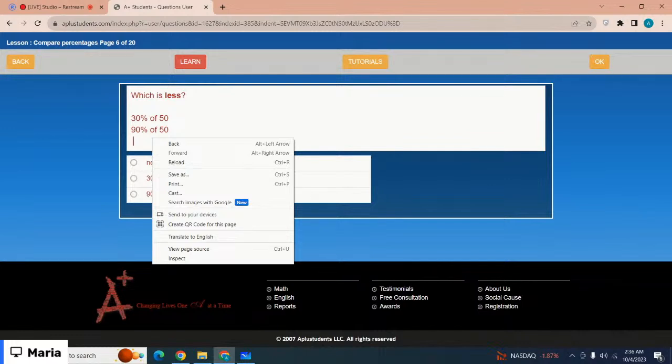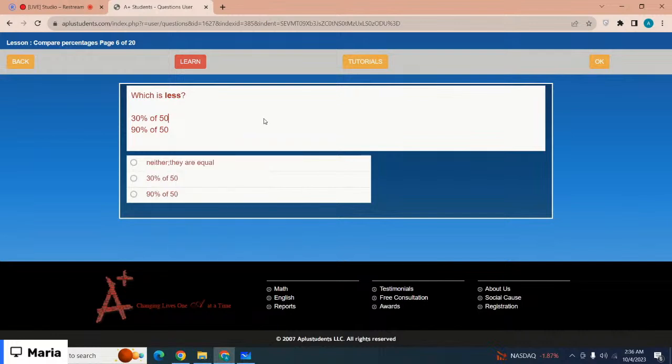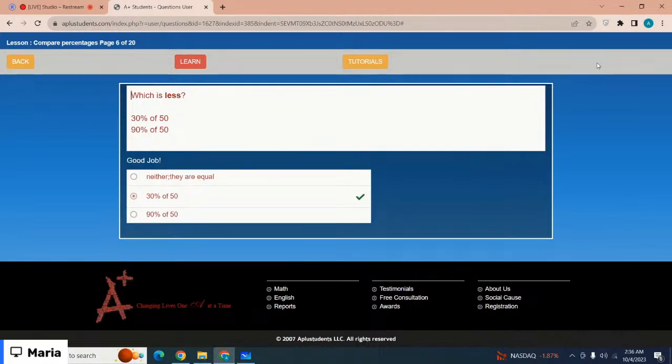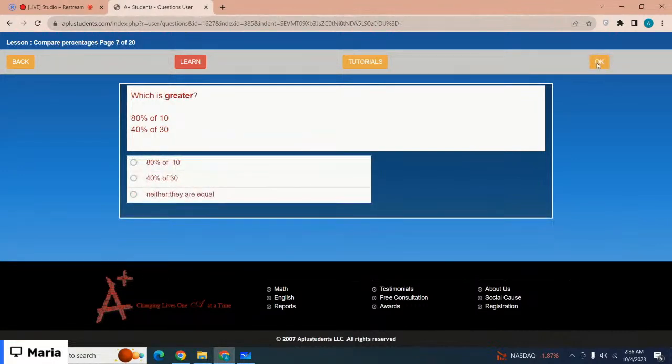So the correct option is 30% of 50 is less than 90% of 50, because you have to calculate the percent of the same number. 30 is less than 90, right? Very good. 30% of 50 is less than 90% of 50.